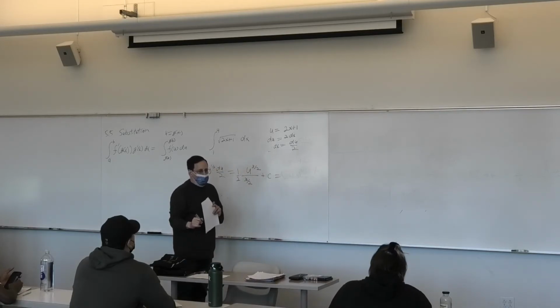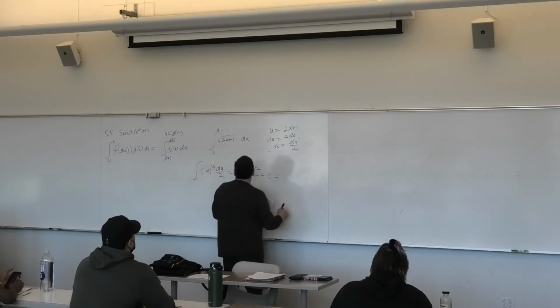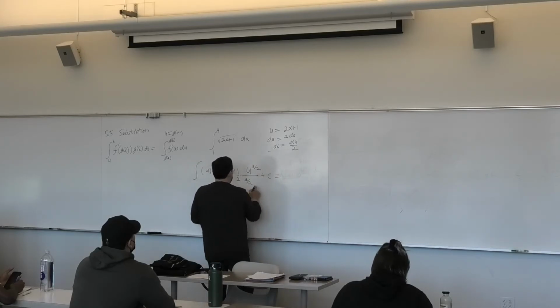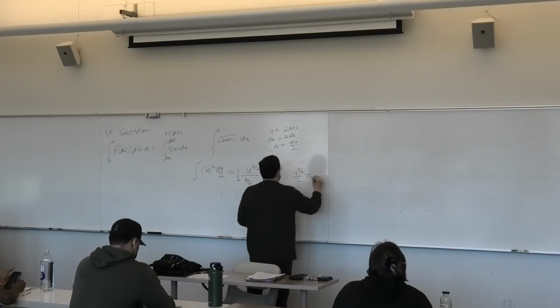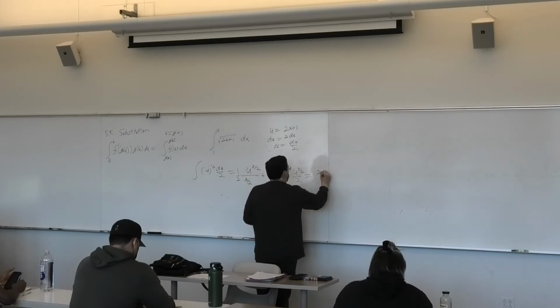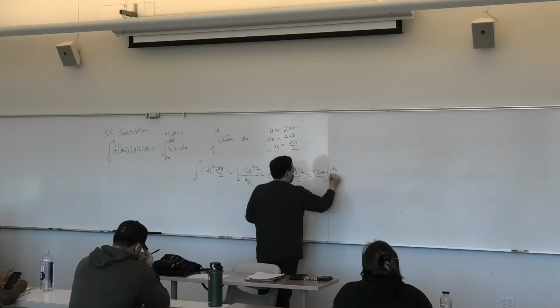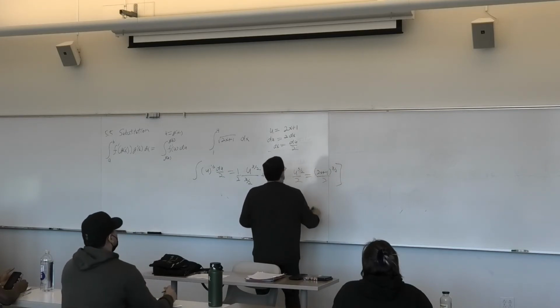I hope you're watching, George, because I don't want to make the same mistake I did the first time. Oh, that gets rid of the 2, so that should be u to the 3/2 over 2, which becomes 2x plus 1 to the 3/2 over 2, which I can evaluate between 1 and 4.